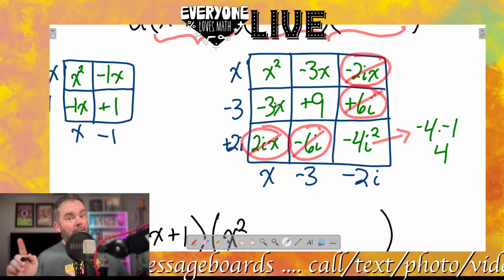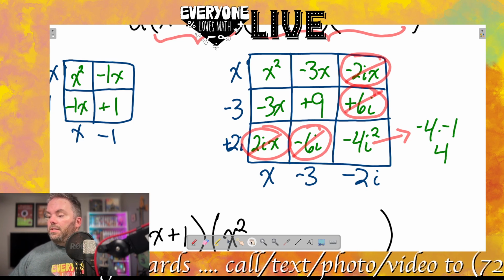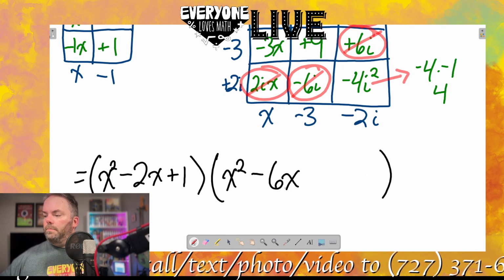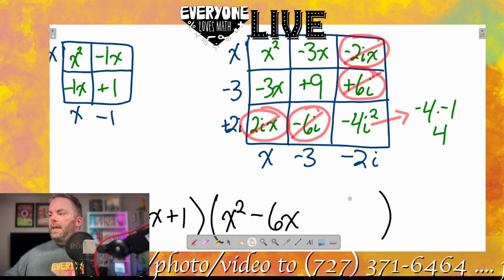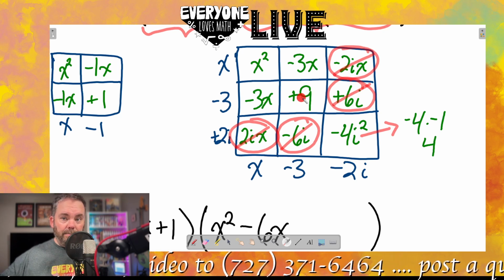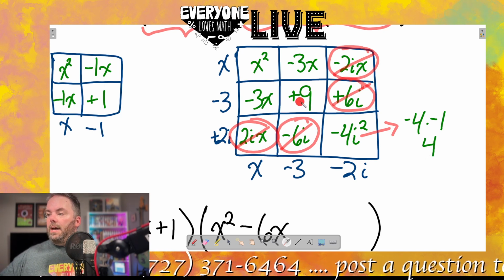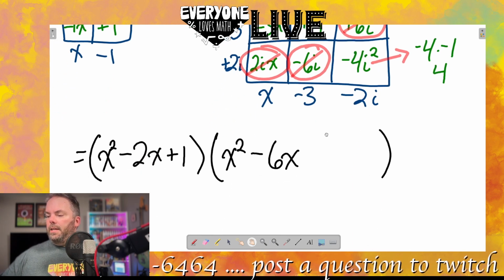Those don't cancel out because they're both negative, but they are like terms. They go together to make a minus 6x. And then finally, what haven't we touched? There's that plus 9 and the positive 4. Those go together to make positive 13.